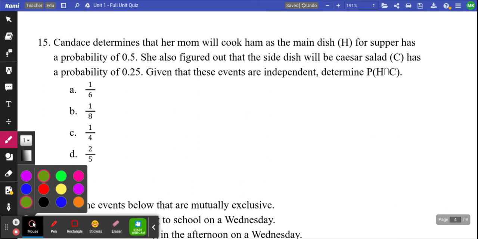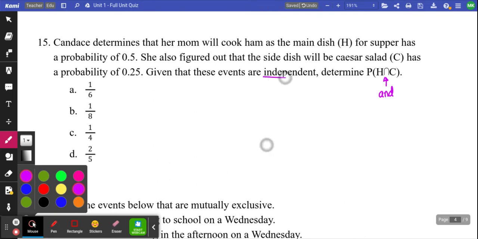Number 15. Candace determines that her mom will cook ham as the main dish for supper has a probability of 0.5. She also figured out that the side dish will be a Caesar salad has a probability of 0.25. Given these events are independent, determine the probability of ham and Caesar salad.